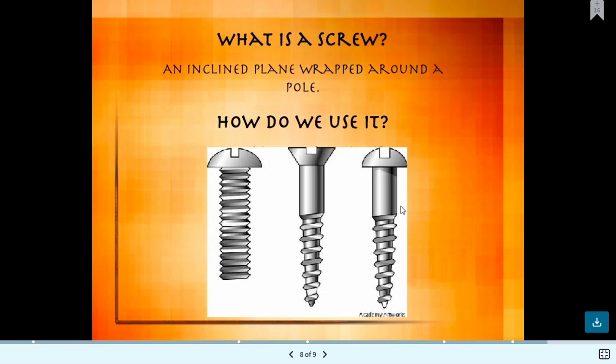Yes, the inclined side AC of the triangle is descending gradually from A to C. It's rolling up. The threads on a screw are made in the same way, which you can see in this picture. So when a screw is fitted, it goes on as if it's going round the inclined plane.